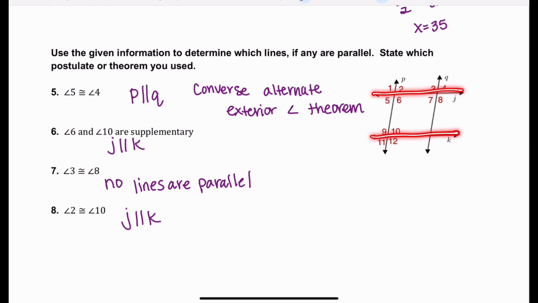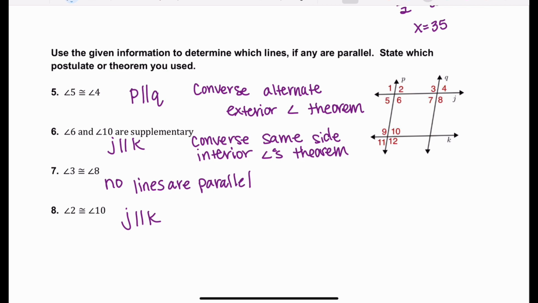If those are supplementary, then the lines are parallel by the same side interior angle converse. Number 7, we don't need to write any theorem because we didn't use it. There are no lines that are necessarily parallel. On number 8, we're looking at 2 and 10. Those are corresponding angles, so that would be the converse of the corresponding angles postulate.